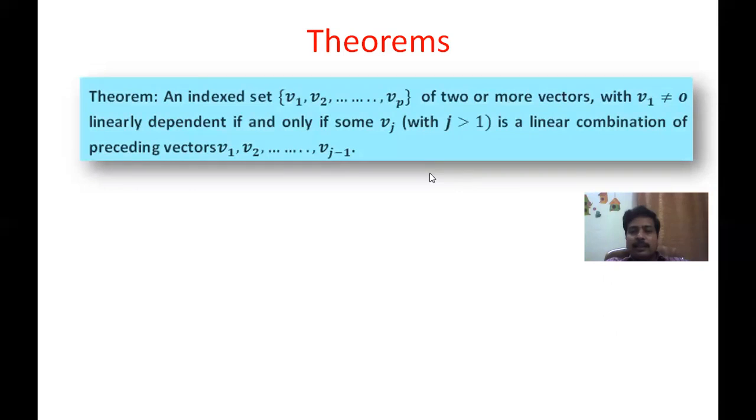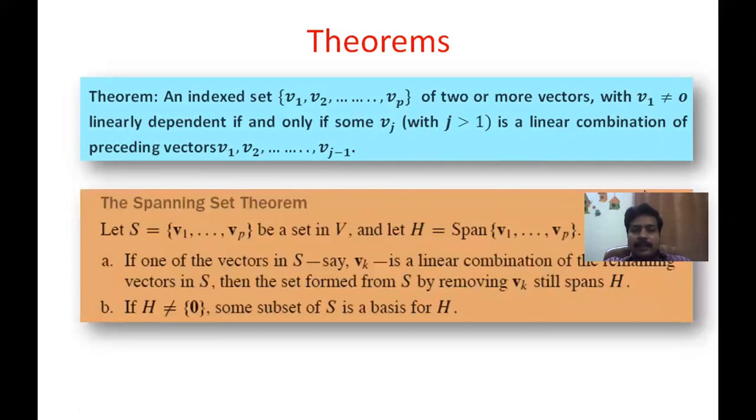So whenever a set is linearly dependent, we can find a vector Vj such that it is a linear combination of preceding vectors. Of course, obviously j is greater than 1. And the other condition is the first vector in the indexed set, V1, should not be the 0 vector. And whenever we can find such Vj, which is a linear combination of preceding vectors, we can say that the set is linearly dependent.